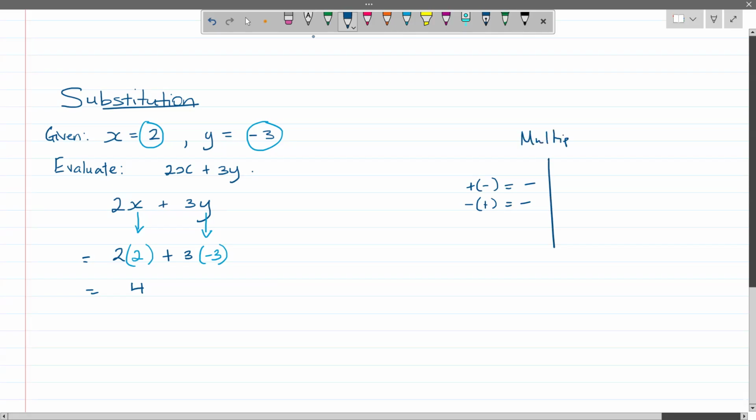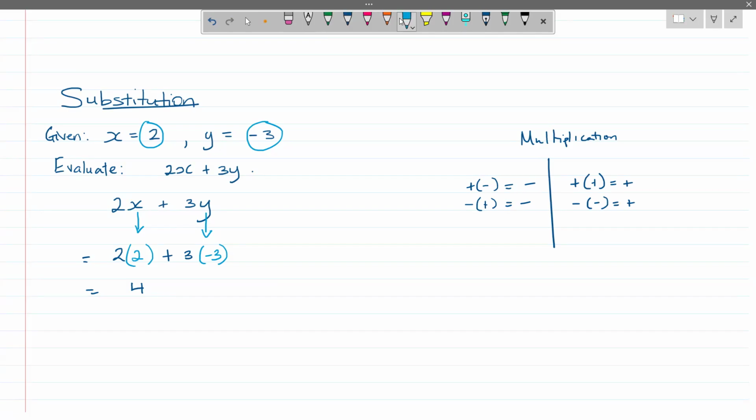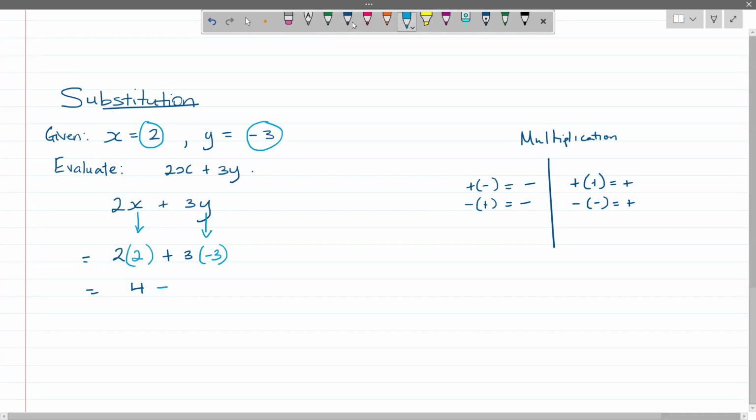Right? And if the inside and outside are the same, we get a positive answer. Right? So remember that. Positive by negative here means that we're going to be getting a negative value. And 3 by 3 is going to give us 9. So 4, take away 9 now. We're going back to adding and subtracting.